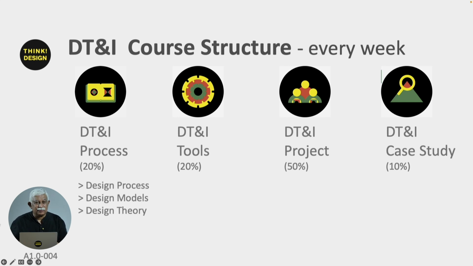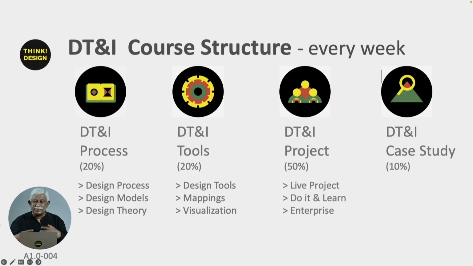Design process will talk about methods, the models and the theory. The tools will let you know how to solve the problem through analysis, through mappings and visualization. Project is a hands-on project, it is a live project, you do it and learn.